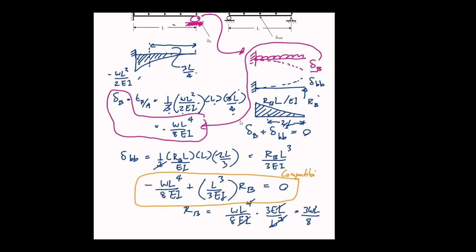Compatibility, you need to fill this with first the deflection caused by the reaction, then second the deflection caused by the actual load. Okay, this is how we can use the calculation of deflection to solve the indeterminate structure.